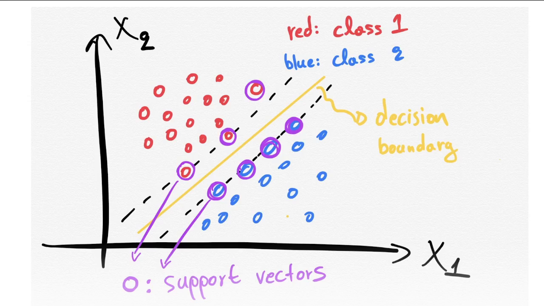But if I removed a red dot that has a purple circle around it, then that line would move. So the whole point of support vector machines, SVMs, is it creates these support vectors and bases its decision boundary on those only. Okay, so moving on, let's close this.